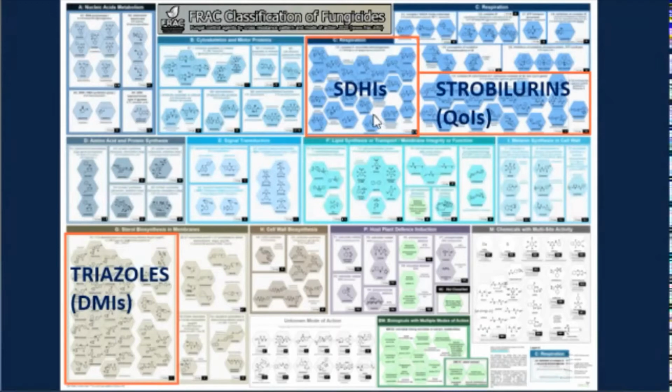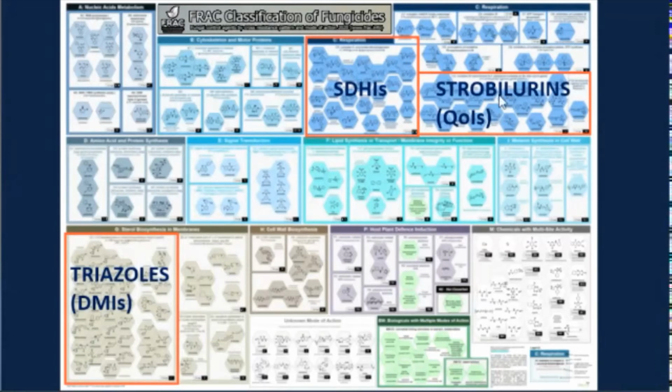And this is the one spot here quick I want to point out. The SDHIs and strobilurins are both kinds of molecules that disrupt respiration in the fungal cells, although they have different targets that disrupt respiration. So there has yet to be any documented instances of cross resistance.